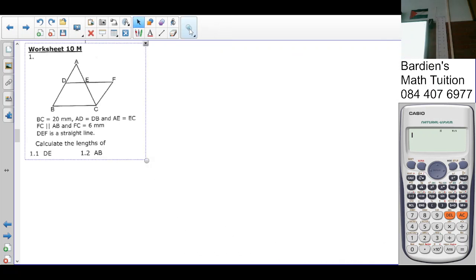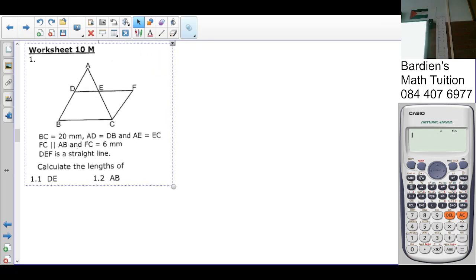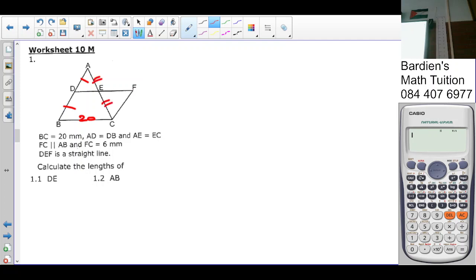So here we are told in the theorem now. We are told that BC is 20. Then AD is equal to BD, AE is equal to EC.